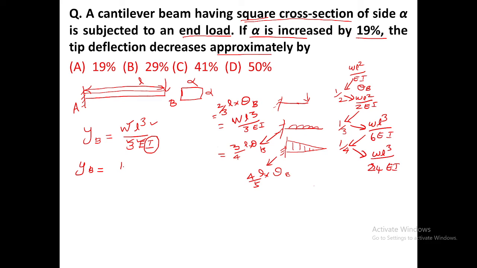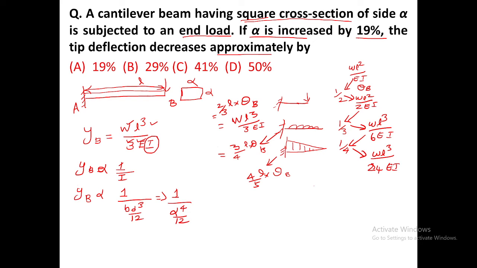So YB is directly proportional to 1 by I. So YB is directly proportional to 1 divided by I, which is D cube divided by 12. So side is alpha, so alpha power 4 divided by 12.